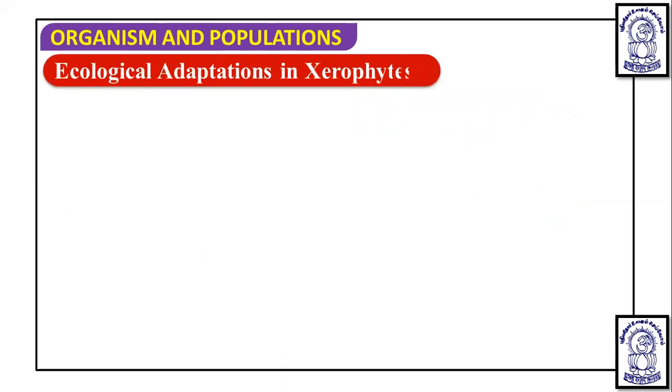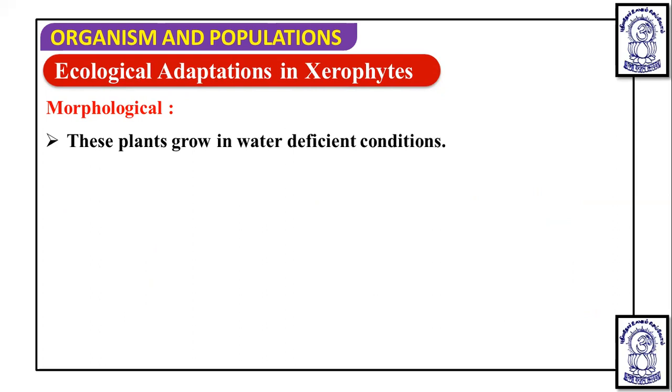Next we are going to talk about some of the ecological adaptations in xerophytes, that is, plants growing in water deficient soils. If we talk about their morphological adaptations, as xerophytes they need to conserve water. In the root, you will see that the roots are well developed.